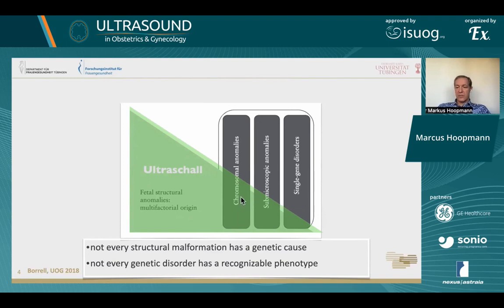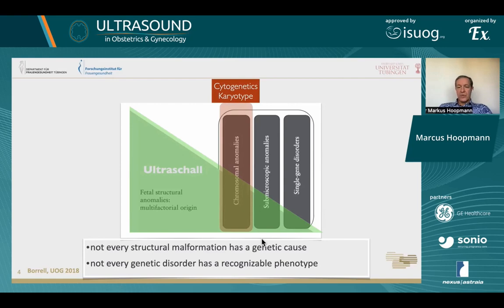The first is the chromosomal anomaly we want to talk about today, which is referred to karyotyping. But we also have microdeletions and microduplications, so submicroscopic anomalies, which can only be detected by microarrays. And we have single gene disorders, which nowadays will be analyzed in whole exome sequencing.